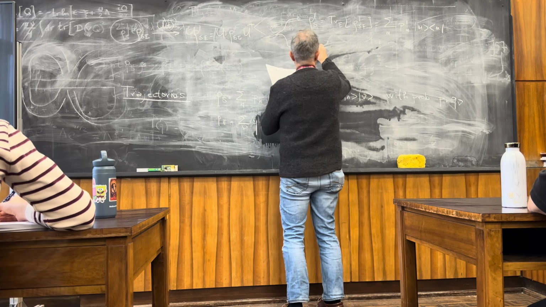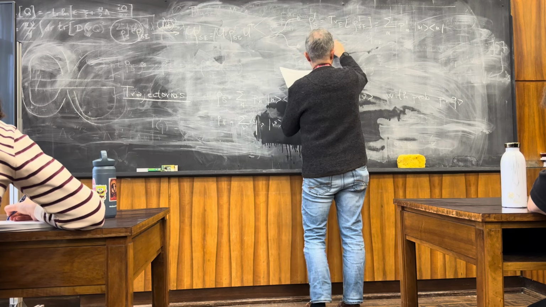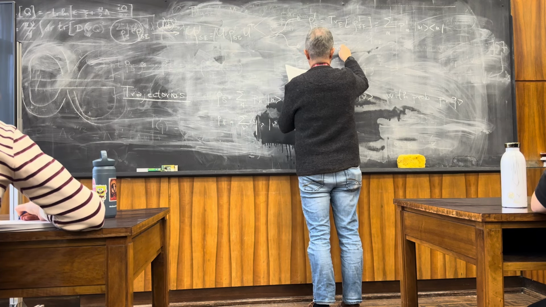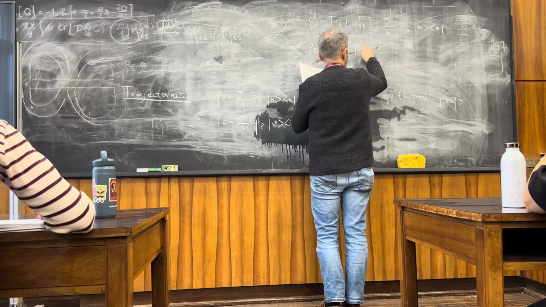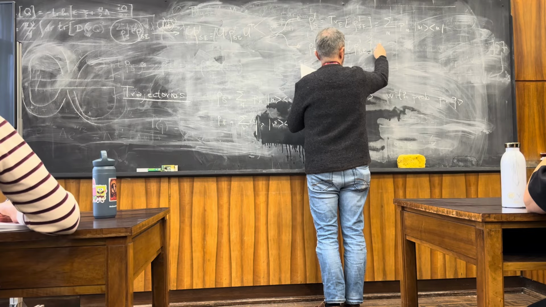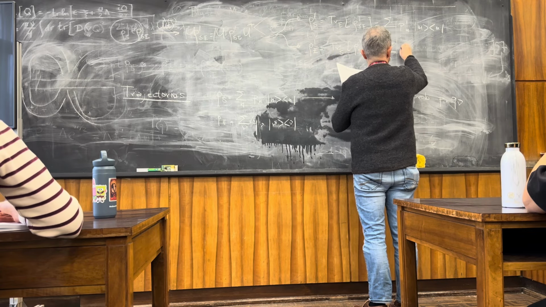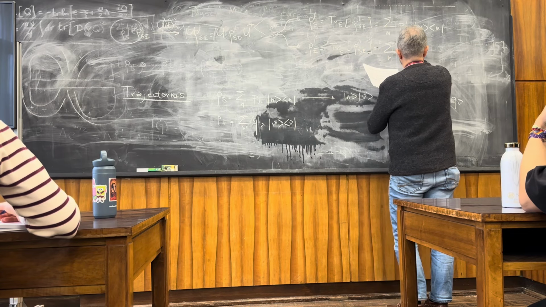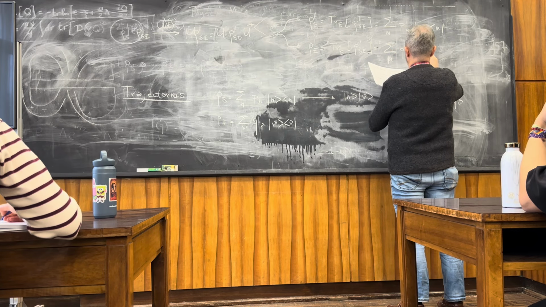And then I look at the environment only. So I trace over all degrees of freedom of the system in rho prime SE. And this is equal to sum over mu, q prime mu.